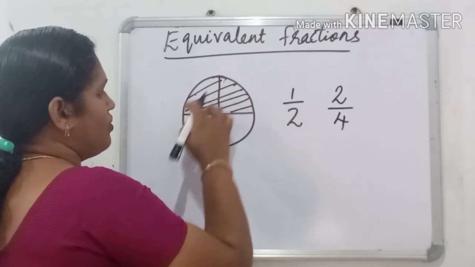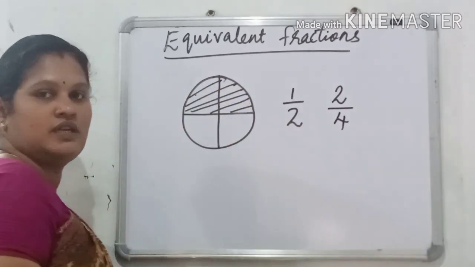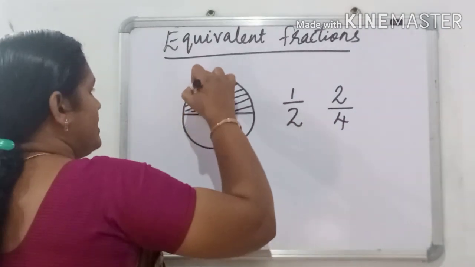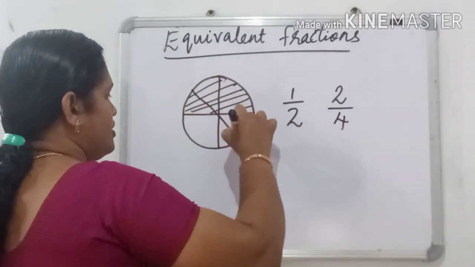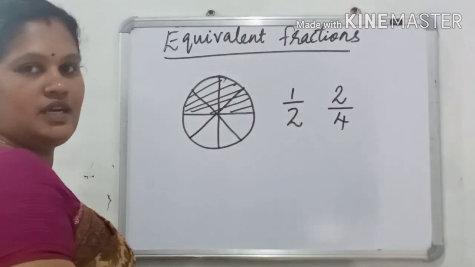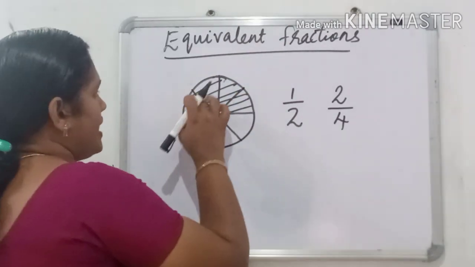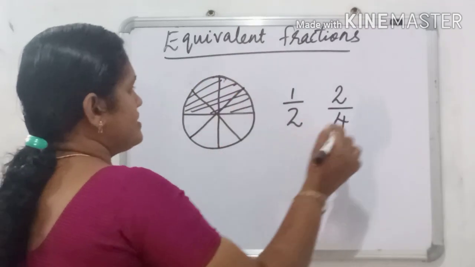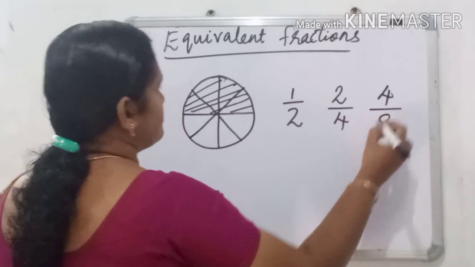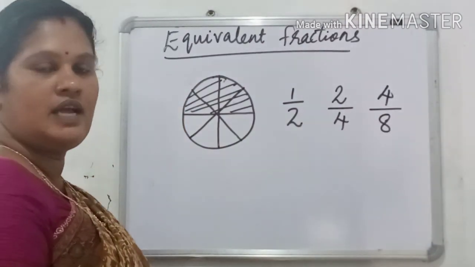2 parts out of 4. Clear? Again I divided this circle into 8 equal parts. Clear? Here the shaded portions represent 4 parts out of 8. Okay?